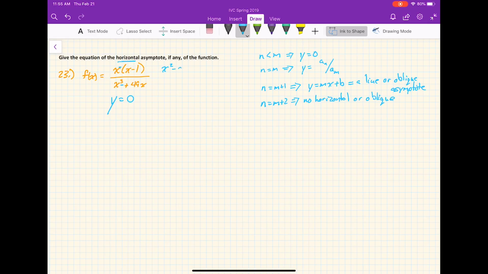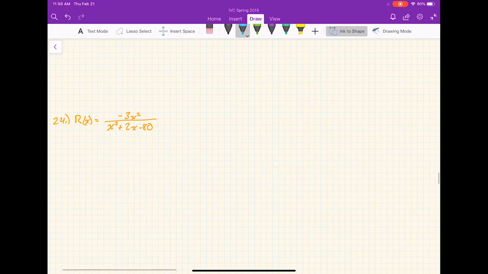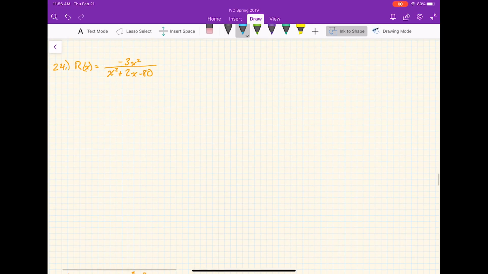So like I said, at the top you have x squared minus x, so that 2 right there is less than the 3, which is on the bottom exponent. So we get n is less than m, y is equal to 0. That's the answer. Super simple, but I took forever to explain it.